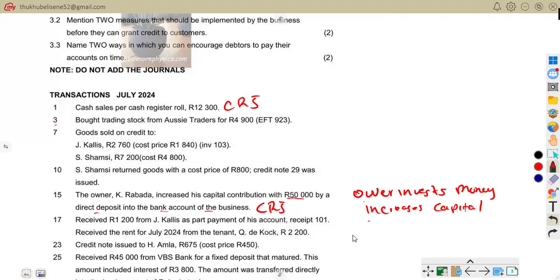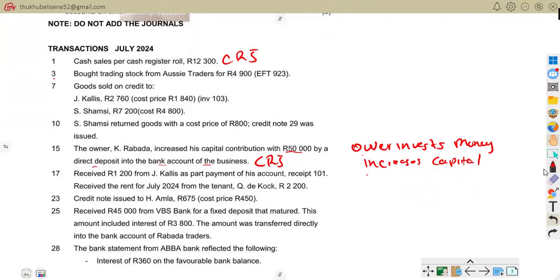So money is going to go into the bank as 50,000. Do we have a column for capital? We don't. So we are going to say sundry, which is equal to capital.